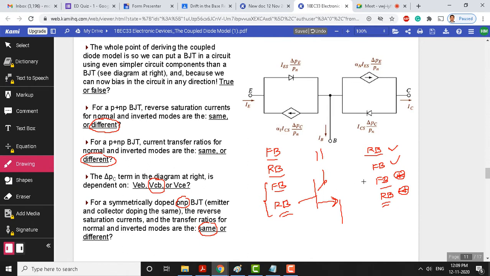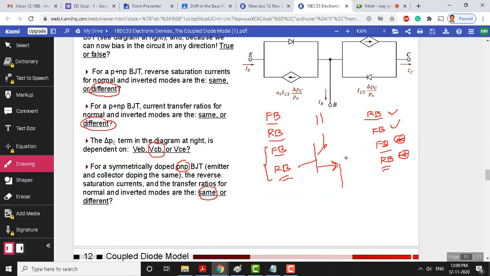And also when both junctions are reverse biased. Just think about these two types of bias, and whether this model can provide a solution for them or not. In a couple of minutes we will give solutions for that.